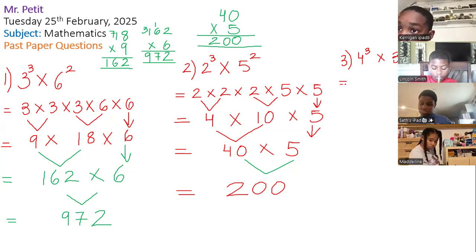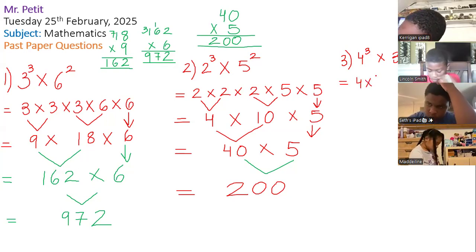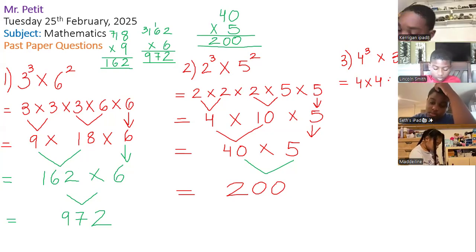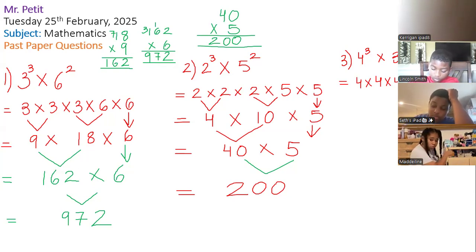We're gonna do 4 times 4 times 4. Very good, multiplied by 3 times 3.